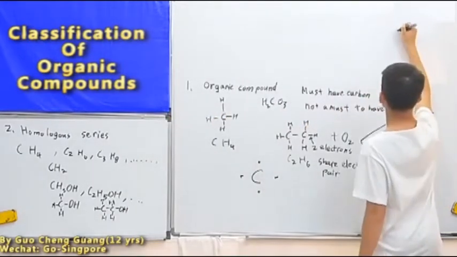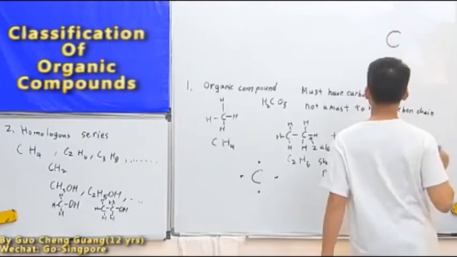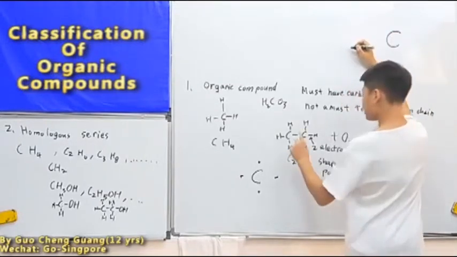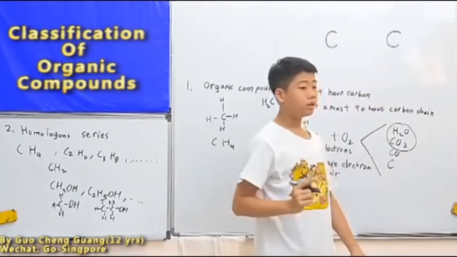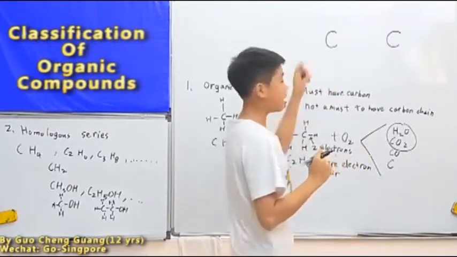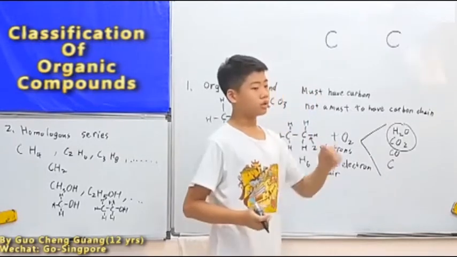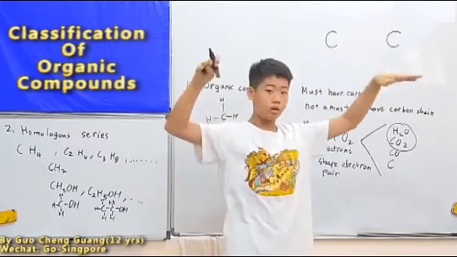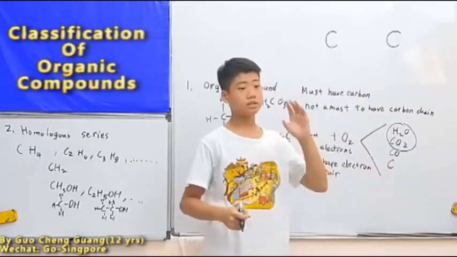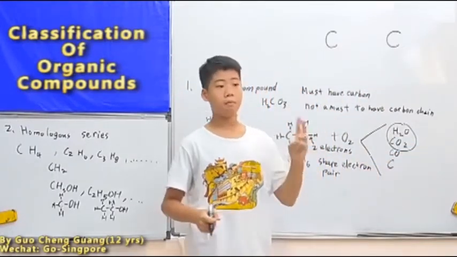Let's take this carbon as an example. We have two carbons. Let's think about the valence electrons of carbon. If we go horizontally, hydrogen and helium are at the top, so it's 1 and 2. The others are lithium, beryllium, boron, carbon.